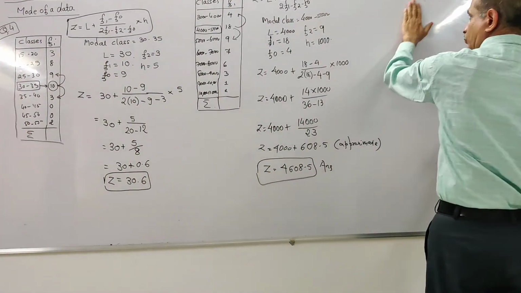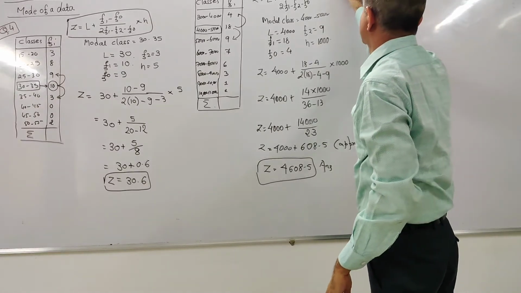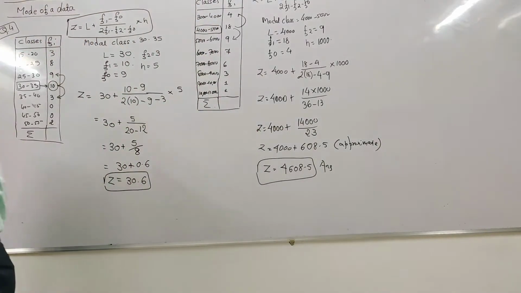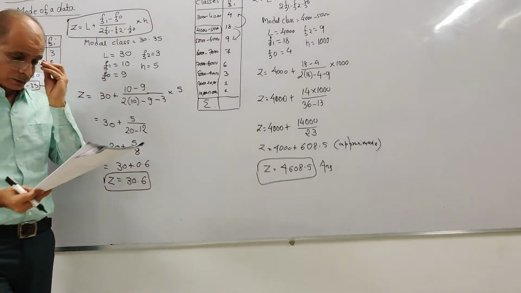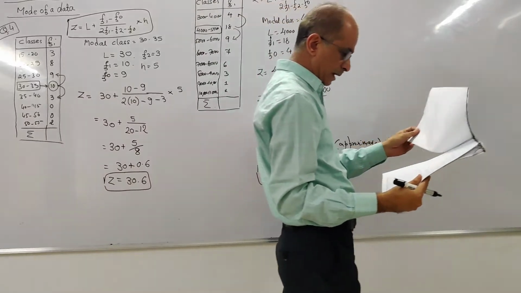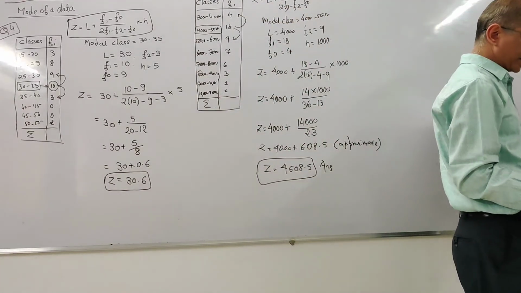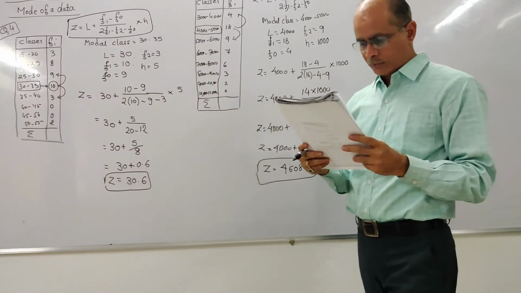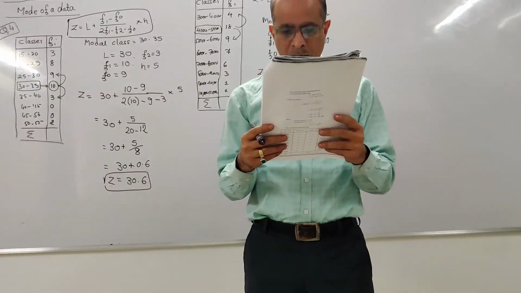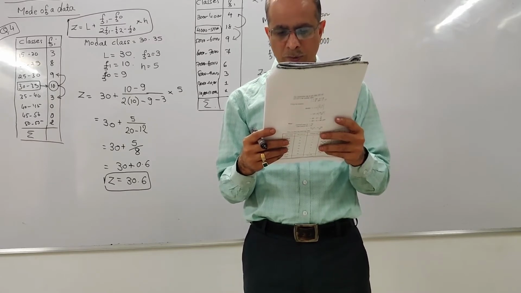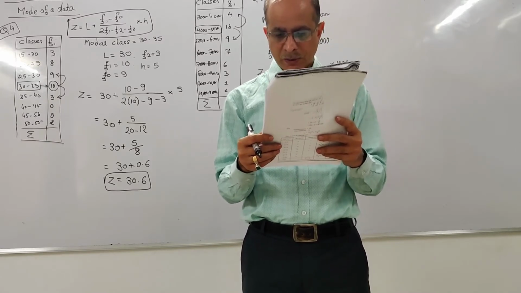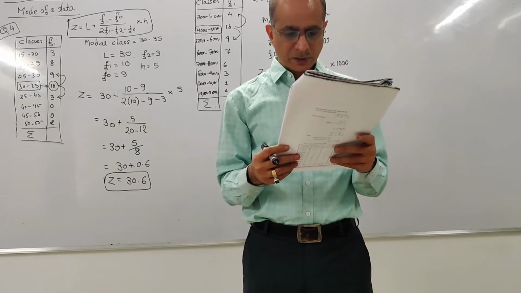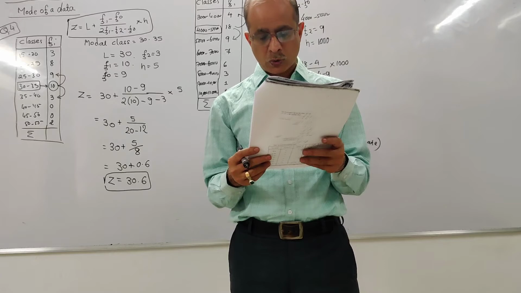Well, now let me start question number 6, the last example of this exercise number 14.2, that is how to find out the mode of a data. A student noted the number of cars passing through a spot on the road for 100 periods, each of 3 minutes, and summarized it in the given table. Find the mode of the data.